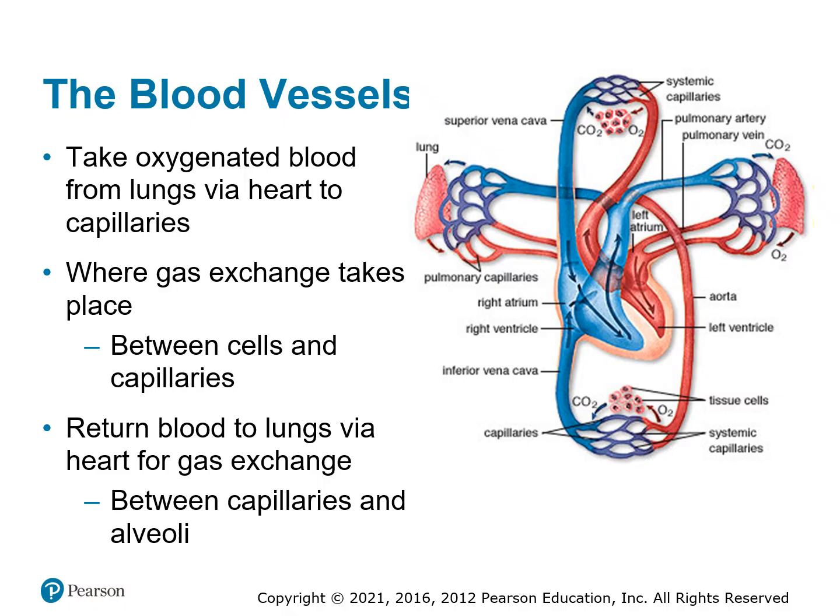So our circulatory system, our vessels take oxygenated blood from the lungs via the heart to the capillary. Oxygen exchange takes place in two places. Okay? I think there was a little bit of a test question, or a quiz question, that we did on this.